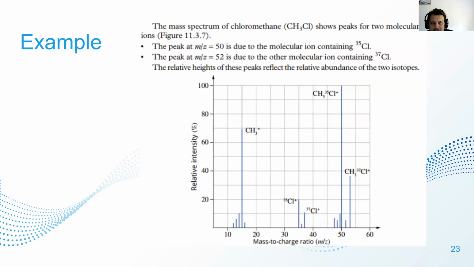The explanation is that one of the chlorines contains 2 additional neutrons, so its mass number is 37, whereas regular chlorine's mass number is 35. So that's why if you have isotopes, you'll get a slightly different peak.